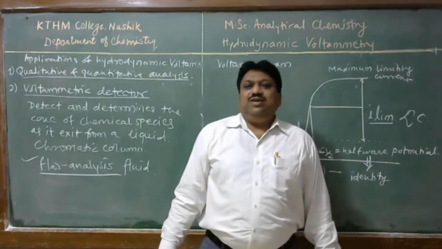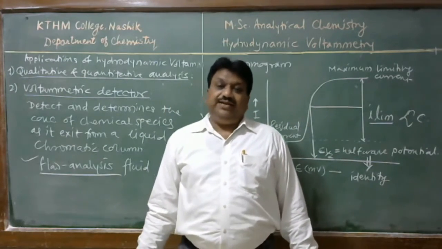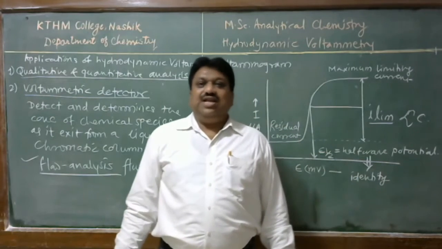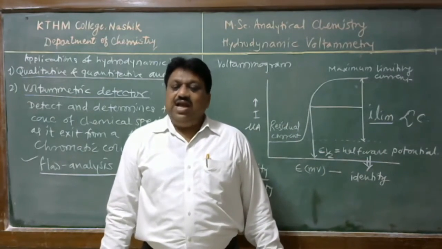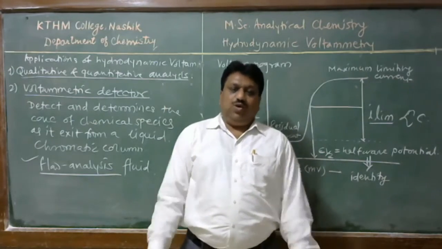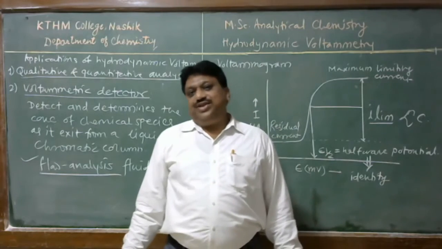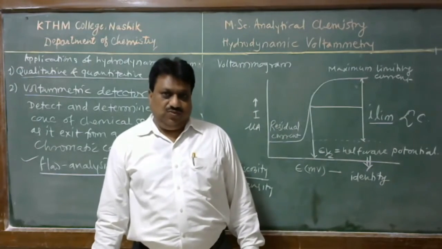In liquid chromatography, hydrodynamic voltammetry can be used as a selective detector for identification as well as estimation of the analyte species. We know that every element or every substance will undergo reduction or oxidation at its own potential value.